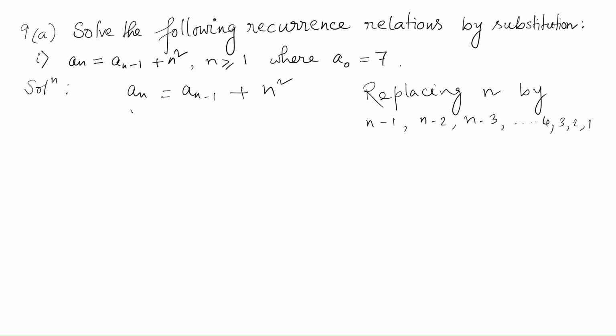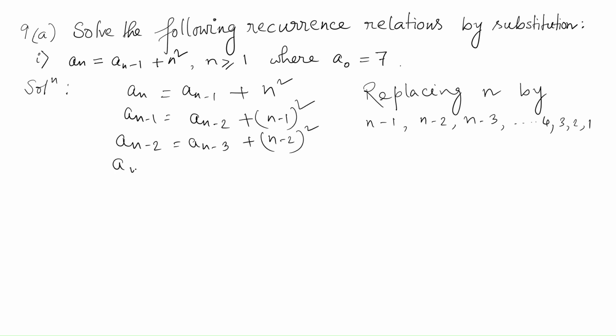So here a n minus 1 is a n minus 2 plus n minus 1 square. a n minus 2 equal a n minus 3 plus n minus 2 square. a n minus 3 equal a n minus 4 plus n minus 3 whole square.